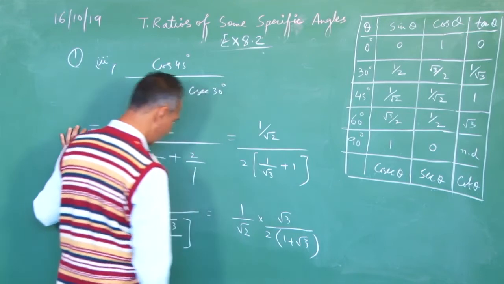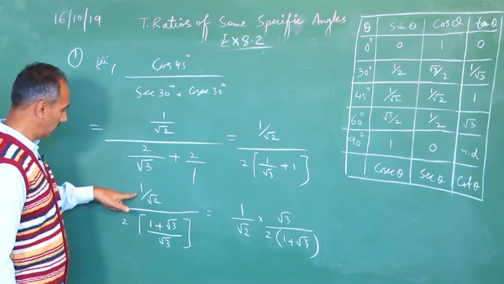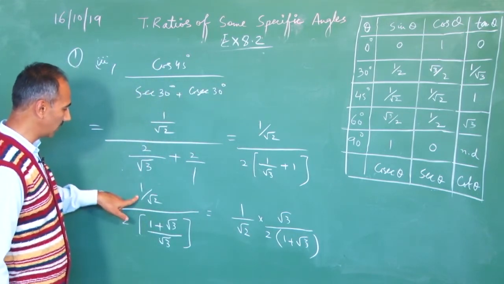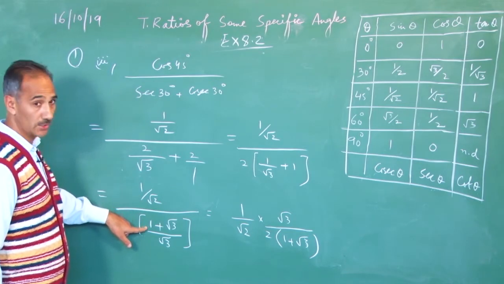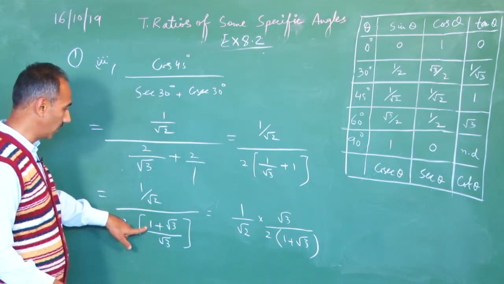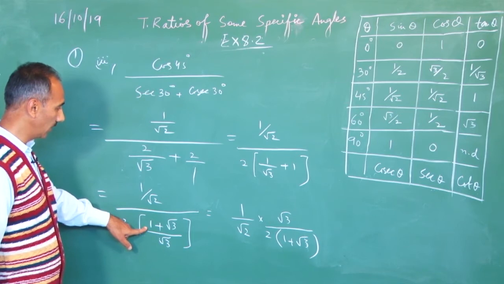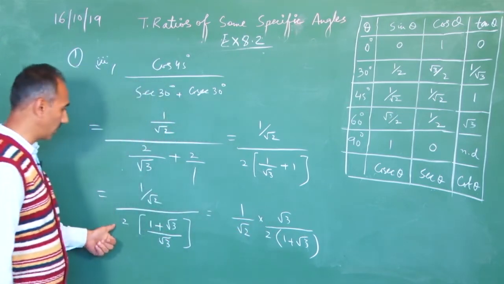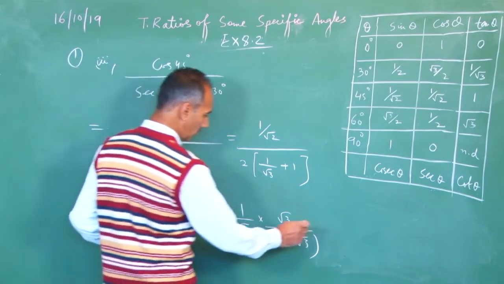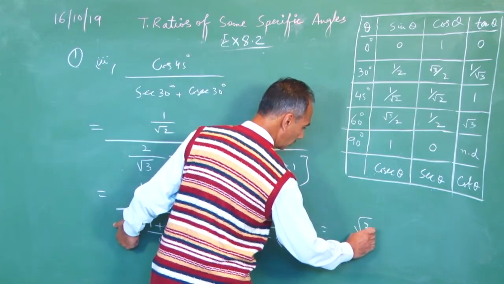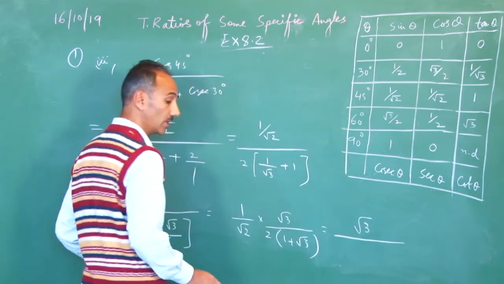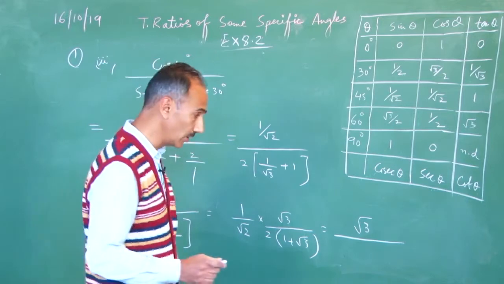What I did, I expressed the numerator as it is. Whatever was in the denominator, you have reciprocated it. Root 3 went to the numerator, 1 plus root 3, and 2 is already in the product. So square root 3 is in the numerator. No need to rationalize. We rationalize an irrational number which is in the denominator.